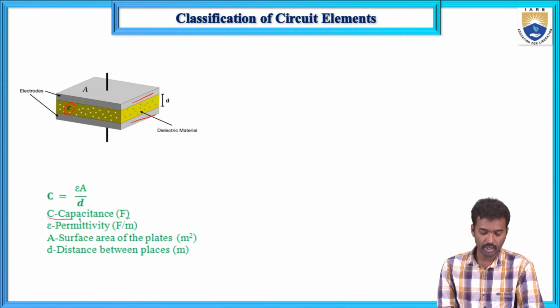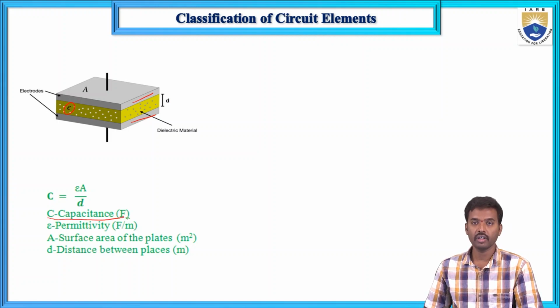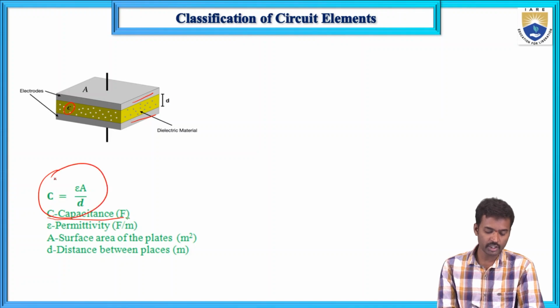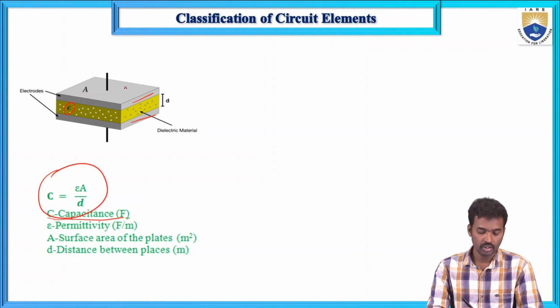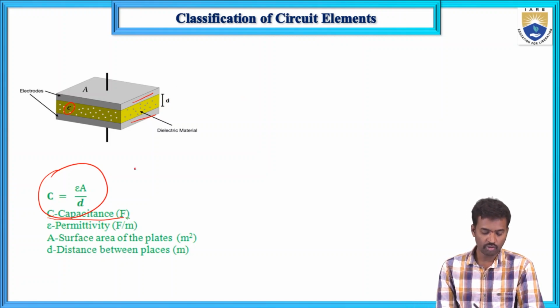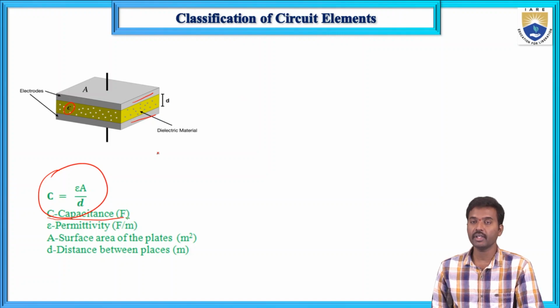Epsilon is the permittivity and C is the capacitance. The capacitance formula is C equals epsilon A by d.